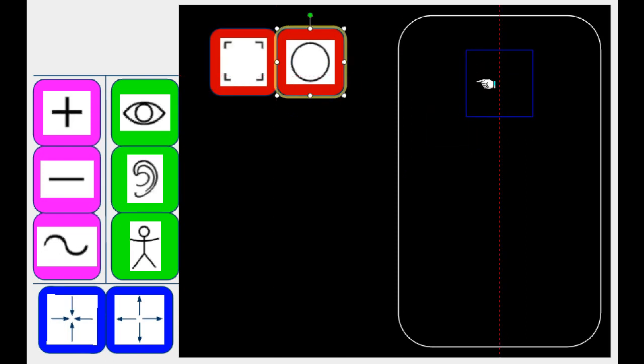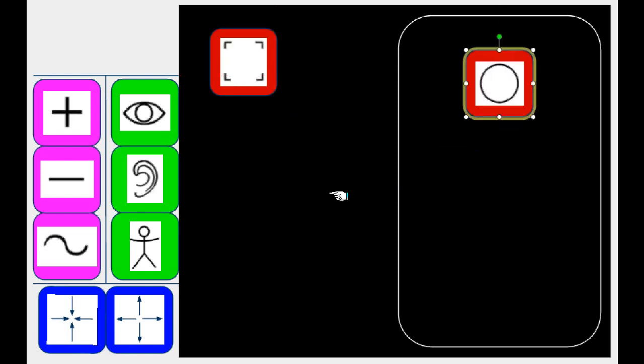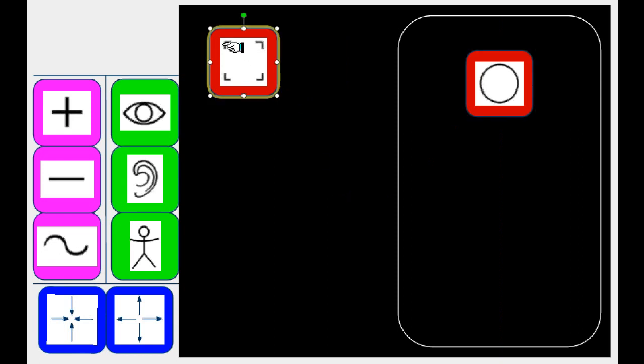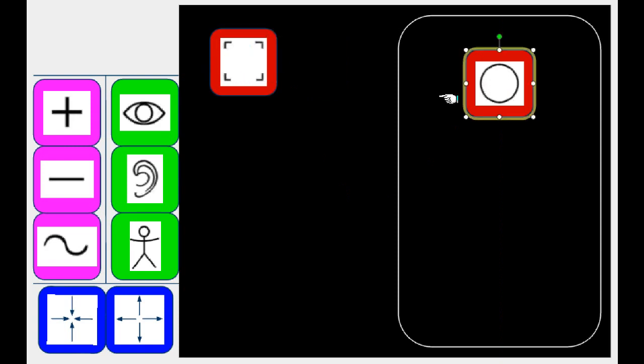The second skill is the skill of allowing. The focus card is like a camera lens here. That's how we think about it as focusing. The allow card is an open circle.